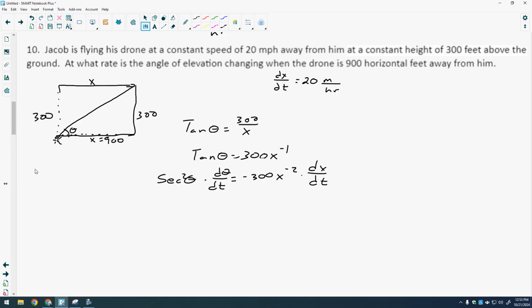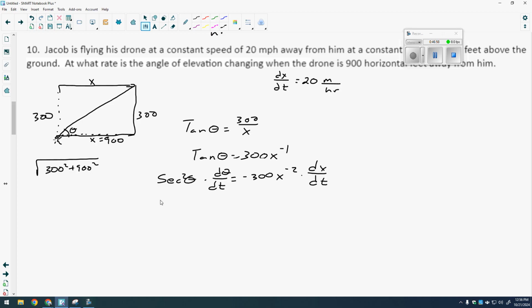So my hypotenuse is the square root of 300 squared plus 900 squared. Right? And so the hypotenuse is a big mess. Grab my calculator, I get a big, huge number. 900,000 for this here.